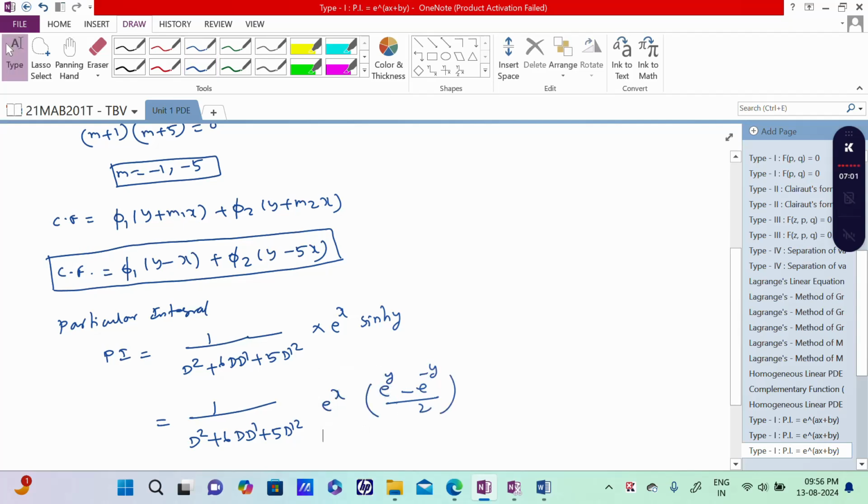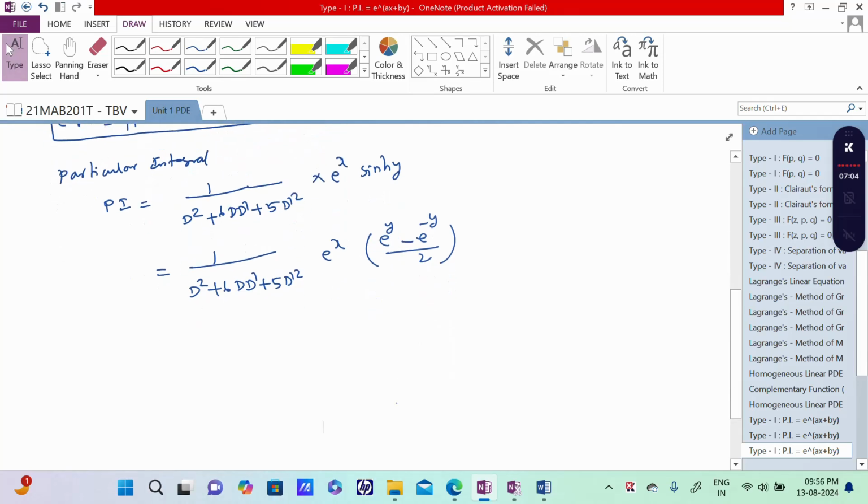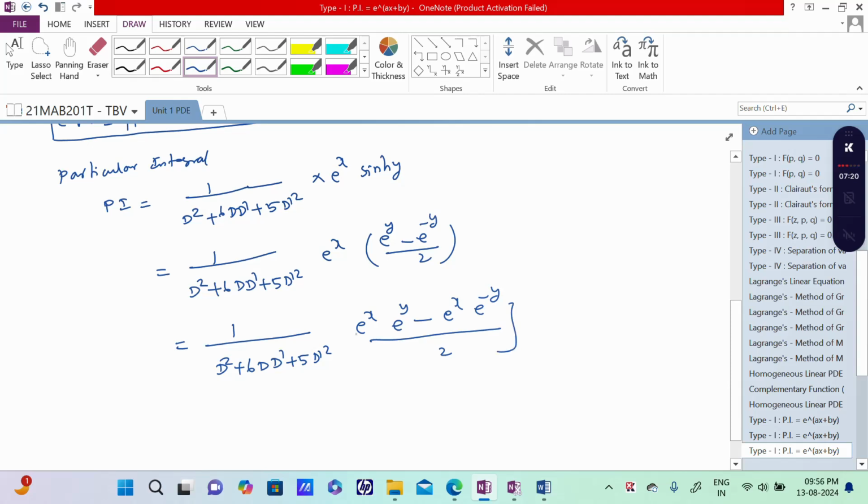When I multiply the term e power x into e power y, we get (D square plus 6D D dash plus 5D dash square) of (e power x into e power y minus e power x e power minus y), whole divided by 2. Therefore, when the exponentials e power x and e power y are multiplied, we take the sum of the two, x plus y.